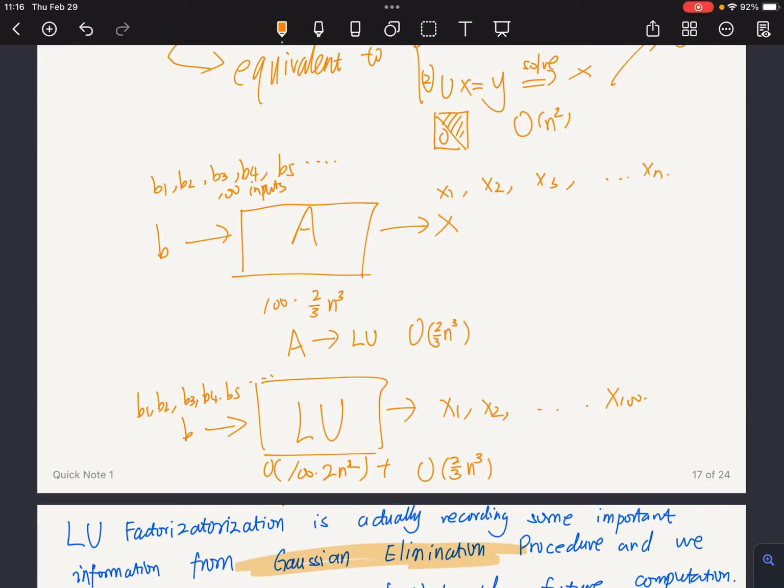For example, with 100 inputs, the cost is 100 times 2n squared. Compared to using Gaussian elimination each time, that would be 100 times 2/3 n cubed.